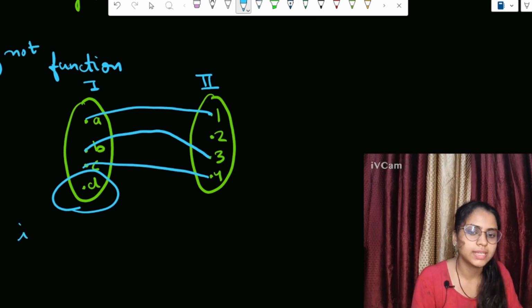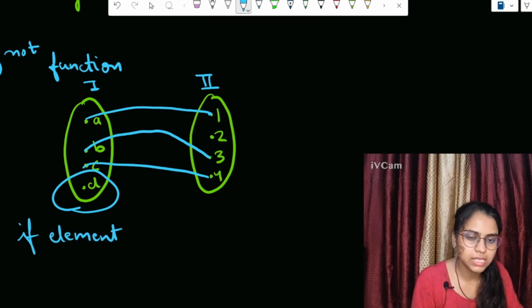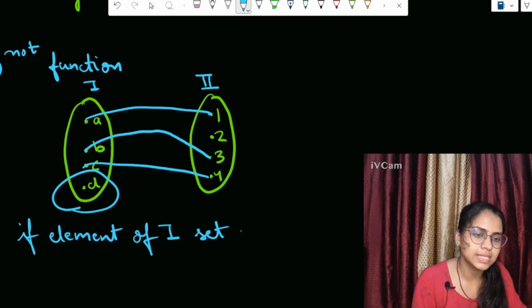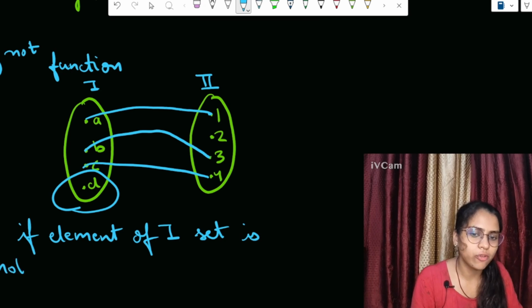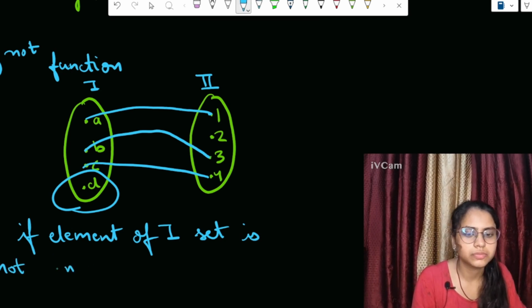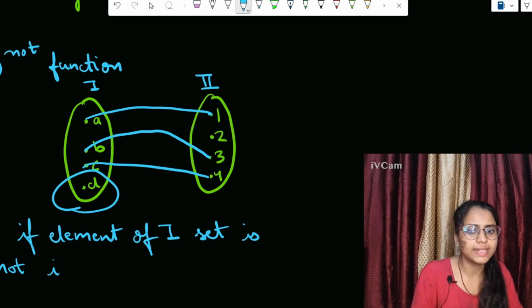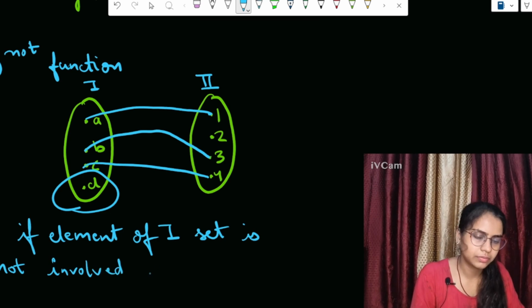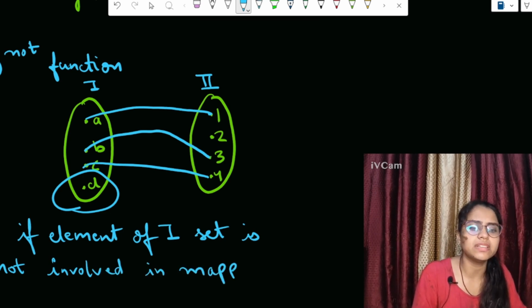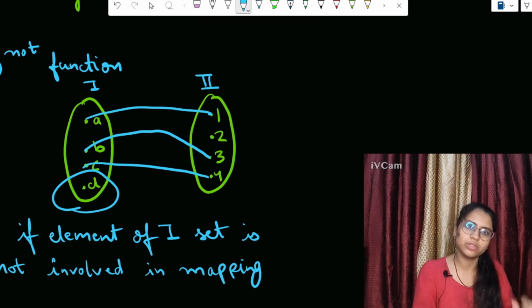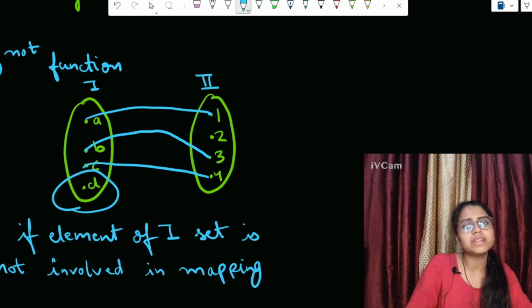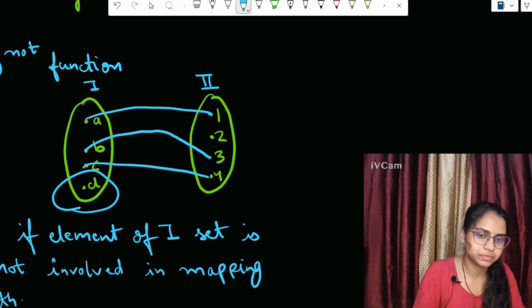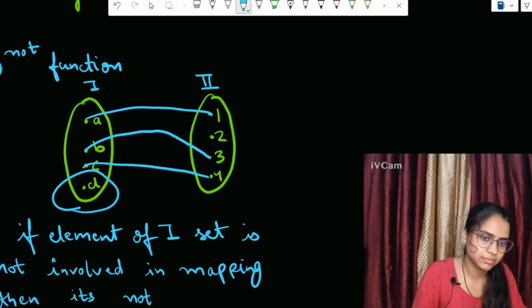If an element of the first set is not involved in mapping, then it's not a function.